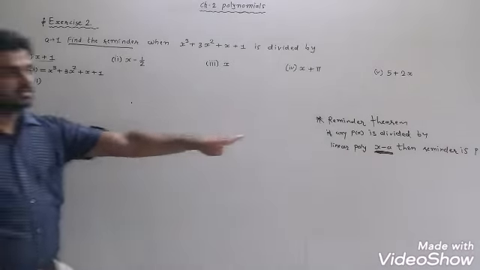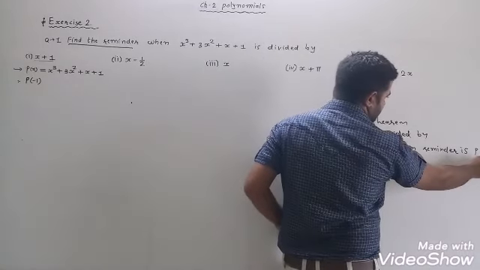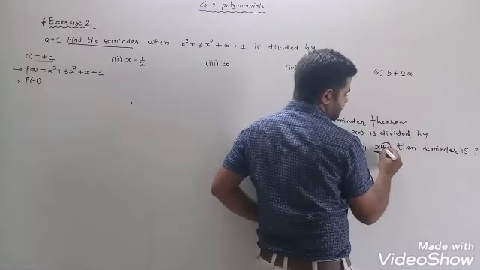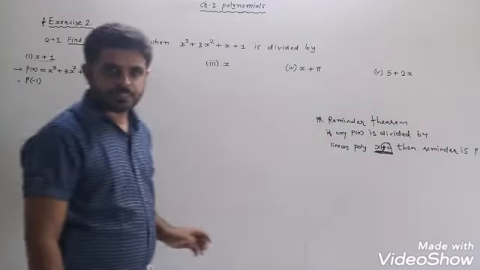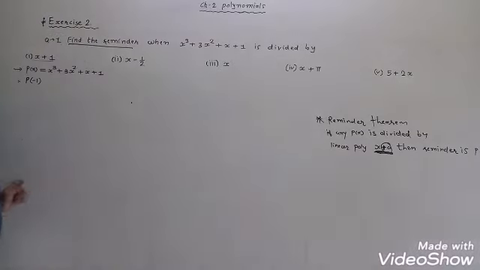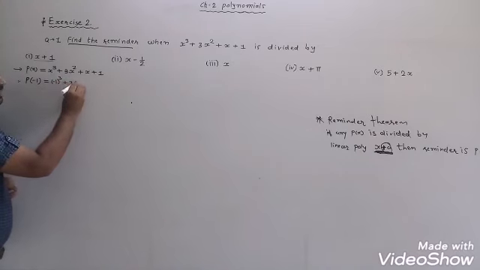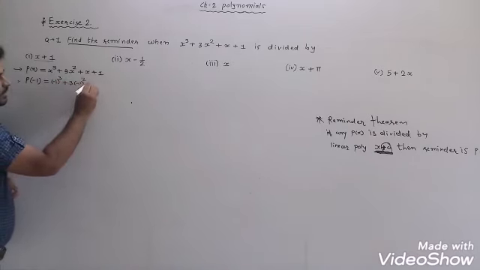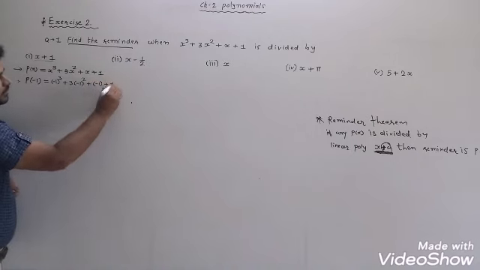By using this remainder theorem, if here it is positive, then here we have to write negative. So I have to put the value x equal to minus 1. So we have minus 1 cube plus 3 into minus 1 square plus minus 1 and plus 1.